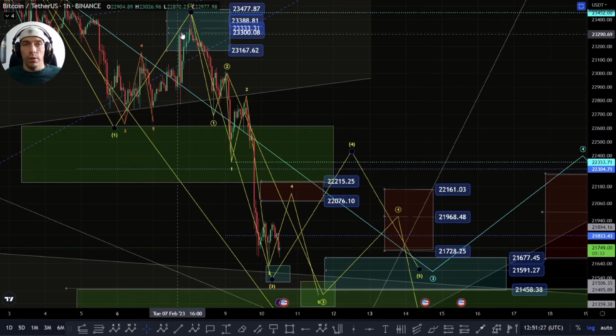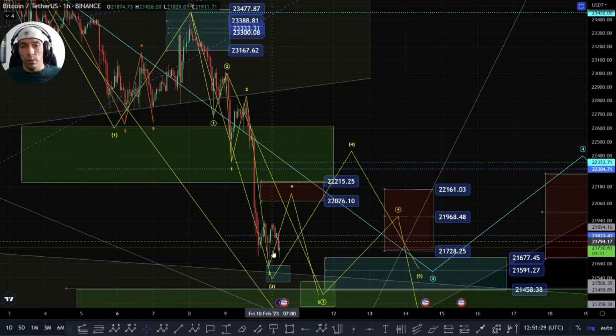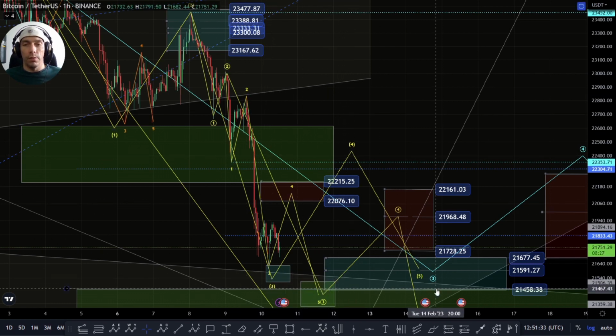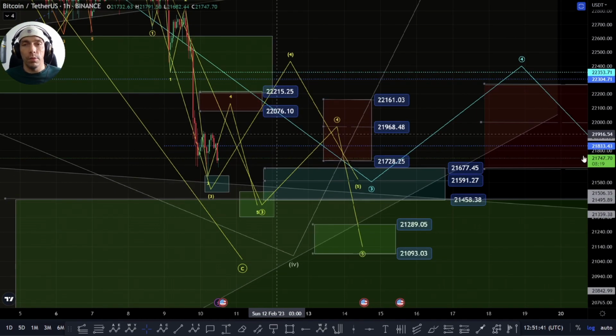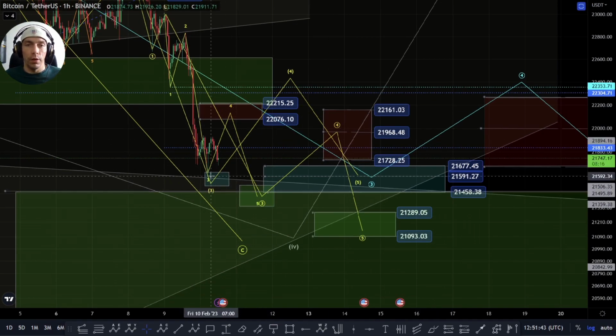We'd be looking to see whether we have this as a wave 1, 2, 3, 4, and 5, and then we look to push up for a fourth, and then a fifth, or alternatively, we would be looking for these additional extensions here. So it's going to be a bit tricky. This one, we're going to have to keep an eye on.